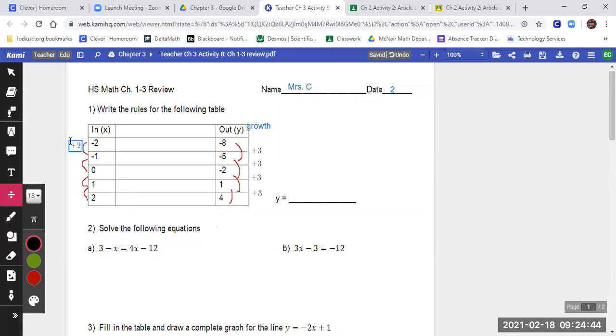But if I was going by more than 1 on each of the jumps, I would have to care about the change in Y over the change in X. And we did one of those before. Okay, if I was going by more than 1 jump, so say they were going by 2s, I would have to take the growth of Y divided by the growth of X. But they're not doing that to us, so we're okay.